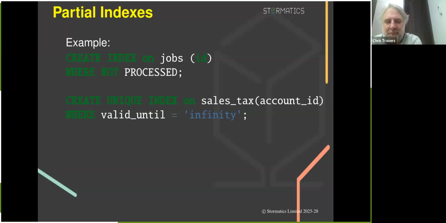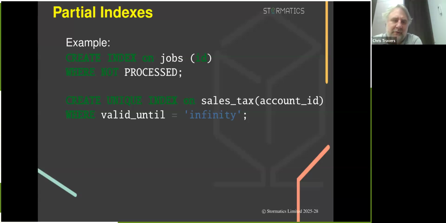So, for example, suppose I have an e-commerce application, and in the e-commerce application, I have a number of different taxes that I have to track. Each one goes into its own account ID, right? And these sales tax rates can change over time. So when the sales tax rate changes, I might update the valid until date when it stops being valid, and then add a new record with the newer rate and have it valid until infinity.